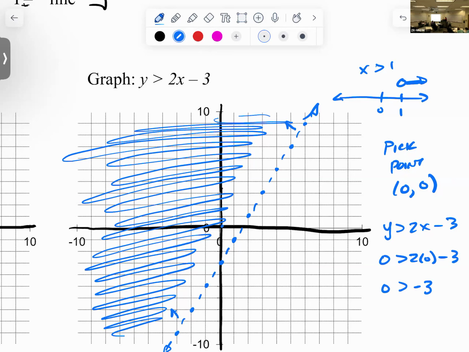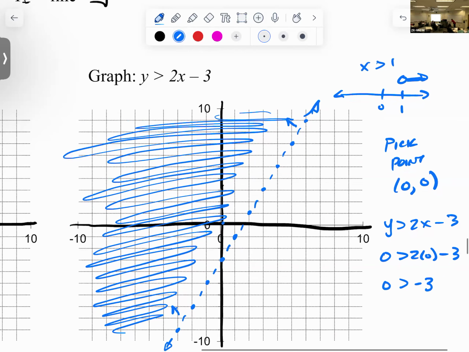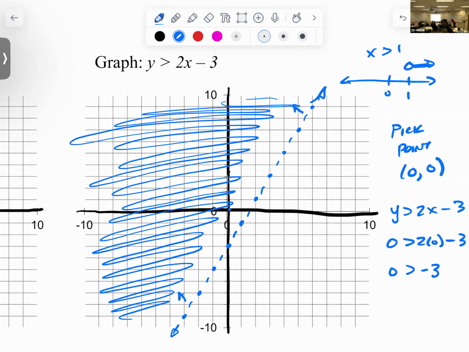You can always test a point, but when we start doing more and more lines together, it's usually better to read it out as shade above the line or shade below the line. There's only going to be 2 options. And now all that shaded region is actually the solution, excluding the line because it is an open circle, a dashed line.